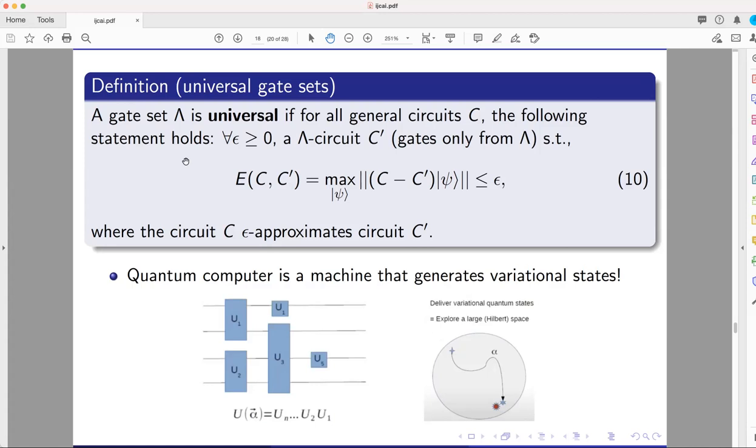But with a parametric quantum gate, we can fine-tune the free parameters of the rotation gate, and finally we can approximate the target gate when the free parameters converge.